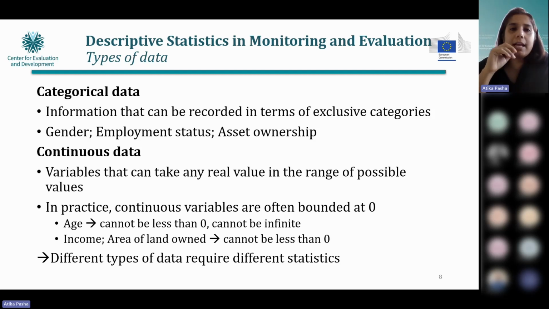This means I can have an income of $0.10 or $0.19, including decimals, so any real value can be considered for income. Similarly, the area of land owned by households is considered in square meters, acres or hectares, whatever your unit is. Again, this lies on a continuous scale and doesn't have exclusive categories.